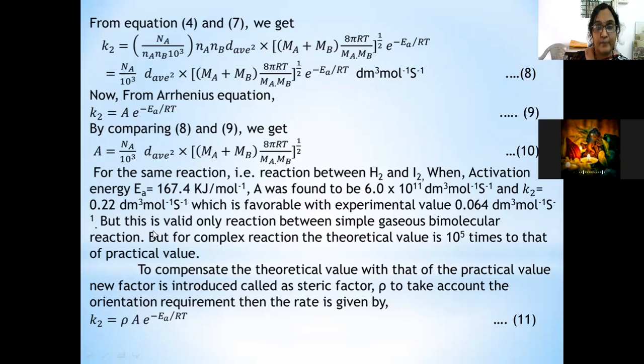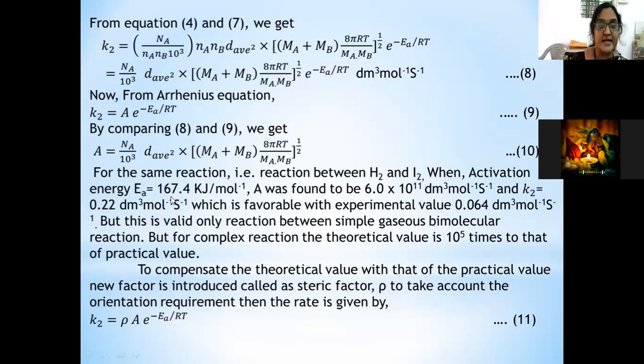But this is valid only for simple gaseous bimolecular reactions, and for complex reactions the theoretical value is 10 to the power 5 times that of the practical value. So when we study complex reactions using collision theory, there is again a need for correction because our rate is very high compared to the actual practical value.